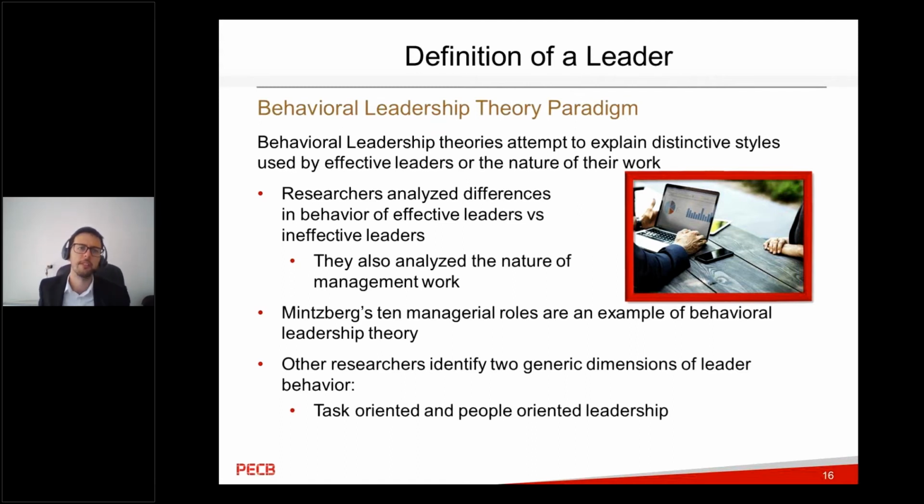Though researchers have sought and identified two generic dimensions of leader behavior: leaders are either task-oriented or people-oriented, even though during this lecture and our course, we tend to be reserved when it comes to strictly separating leaders into task-oriented or people-oriented.